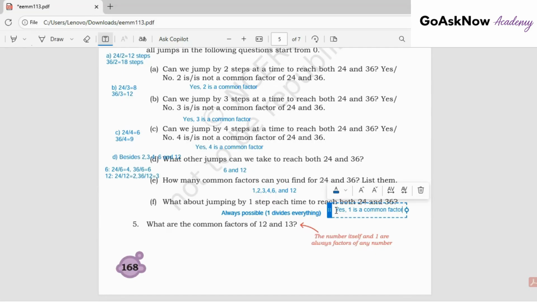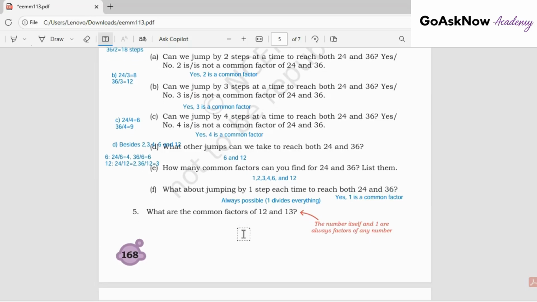Next, what are the common factors of 12 and 13? The factors of 12 are 1, 2, 3, 4, 6, 12, but the factors of 13 are 1 and 13.